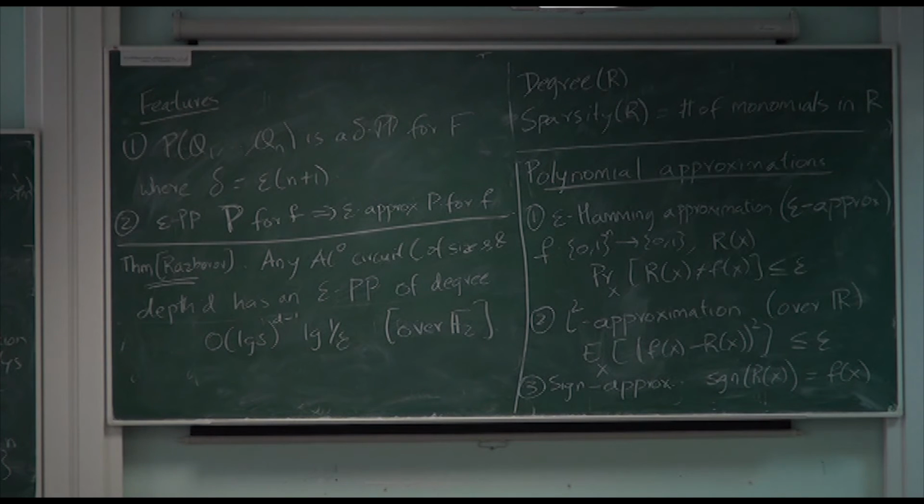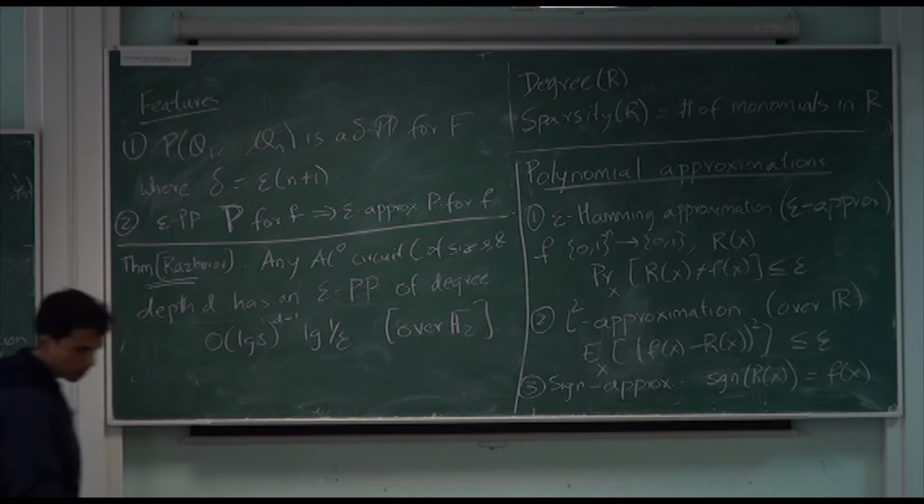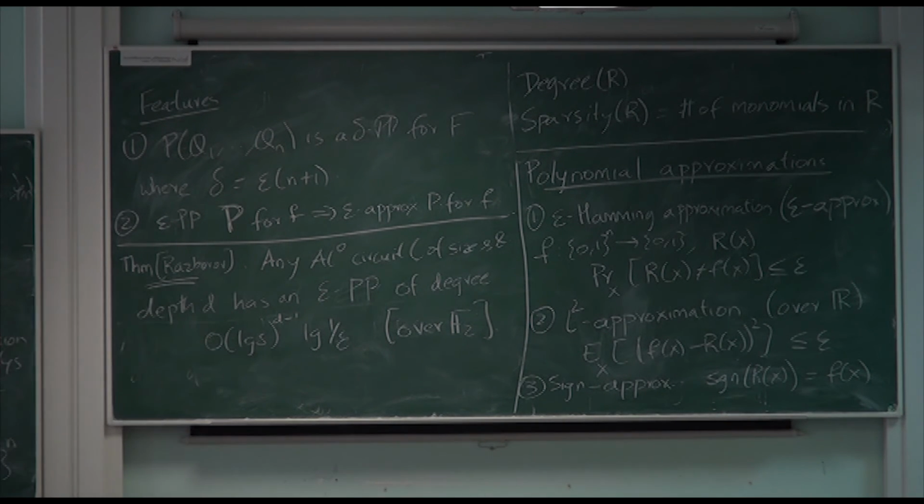Okay, so we haven't really constructed any probabilistic polynomials yet, and we are going to construct probabilistic polynomials for ANDs and ORs. And by composition, what we are going to get is this theorem of Razborov, which says that any AC0 circuit of small enough size has an epsilon probabilistic polynomial of not very large degree.